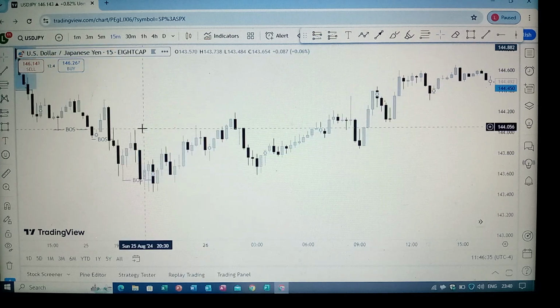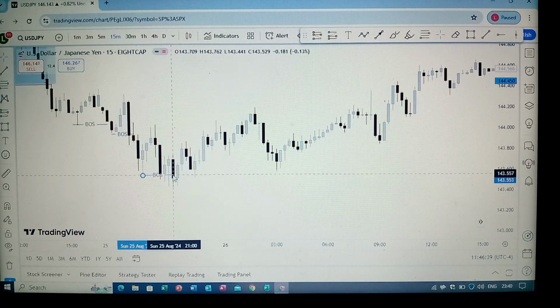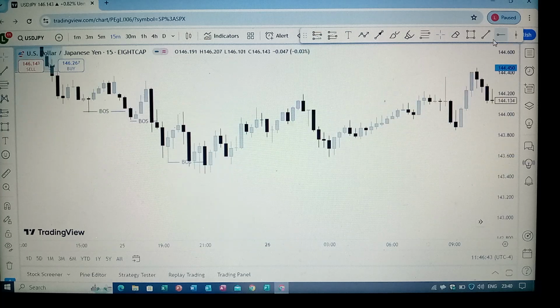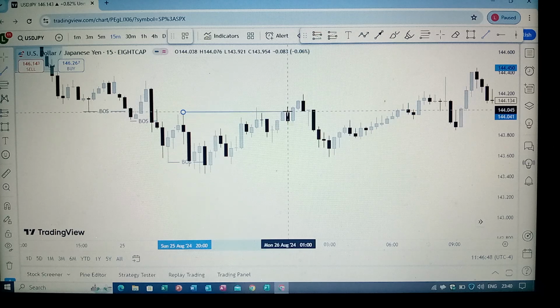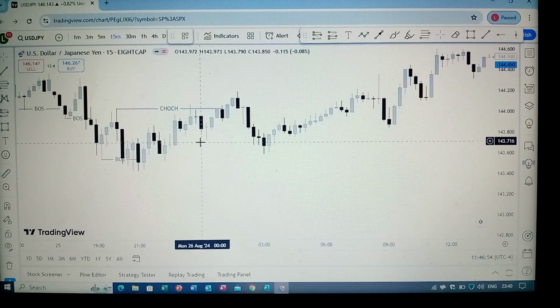And I was looking to short the markets from a point of interest where I saw that I'd have a high probability trade, which didn't happen because we changed character from this level. And bear in mind, I didn't go to the lower time frames just to look for my point of interest.